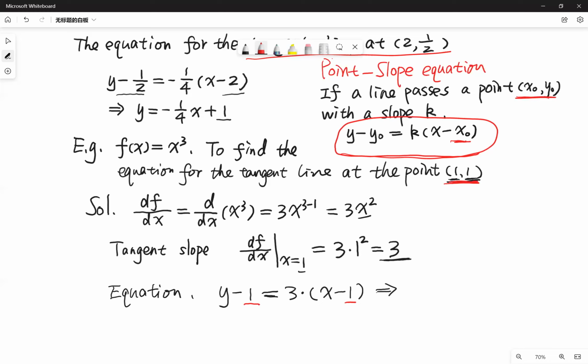Then we get the final answer: y is equal to 3x minus 2. So don't make the wrong choice here. Be careful here even when it's easy.